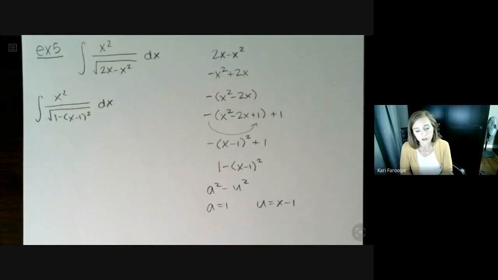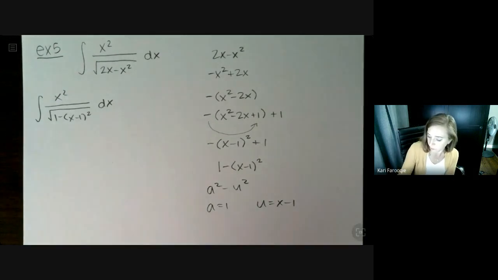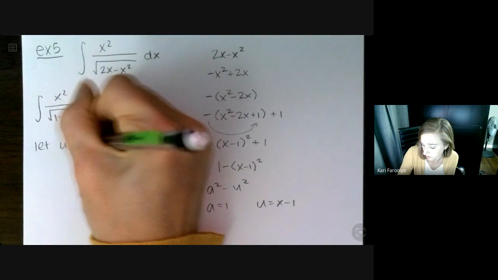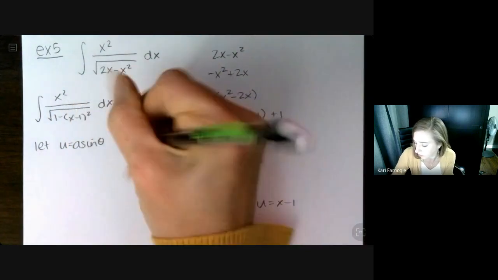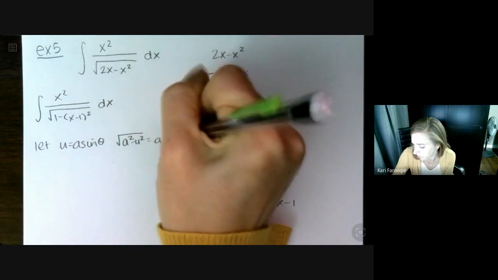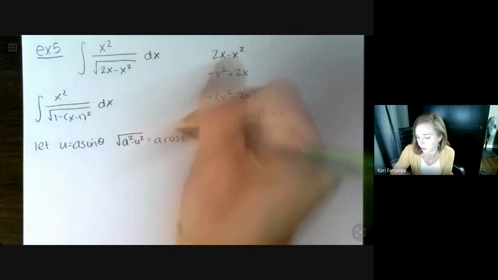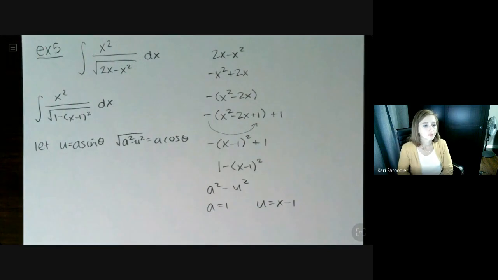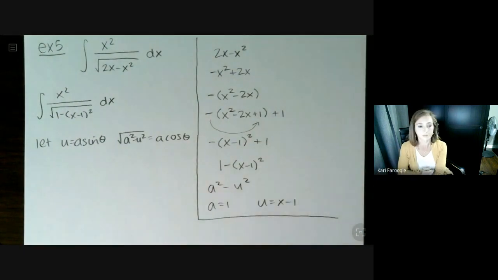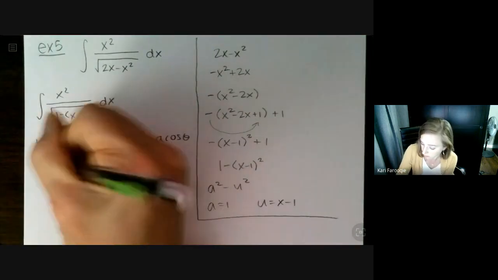When you are in the form a squared minus u squared, your trig substitution is going to be, we're going to let u be a sine theta, and the square root of a squared minus u squared is a cosine theta. So x minus 1 is going to be equal to 1 sine theta.